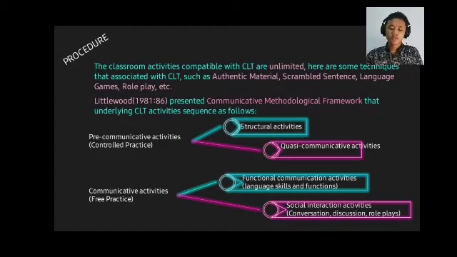Okay, now we will talk about the procedure of CLT. We can say that the classroom activities that are compatible with CLT are unlimited, depending on the teacher's creativity and the learners' needs. Here are some techniques that are associated with CLT, such as authentic material, scrambled sentence, language game, role play, and etc. Littlewood presented a communicative methodological framework that underlies the CLT activity sequence as follows.